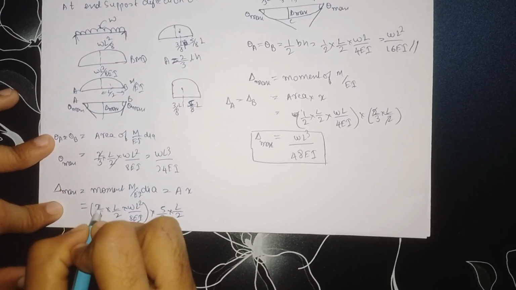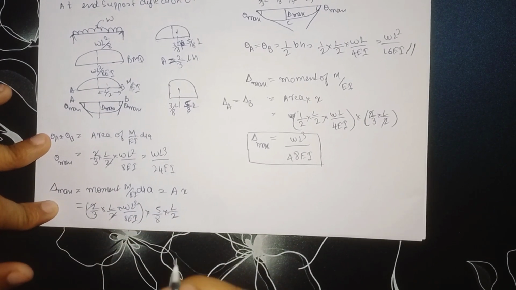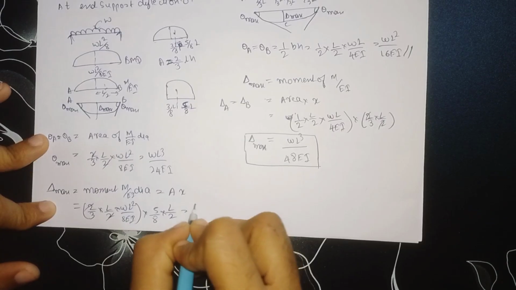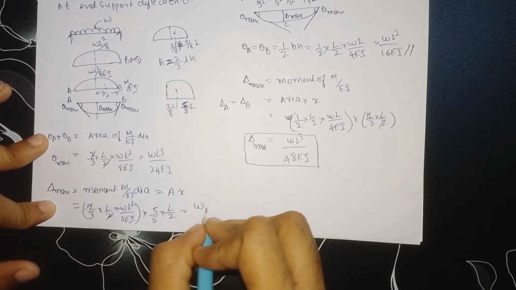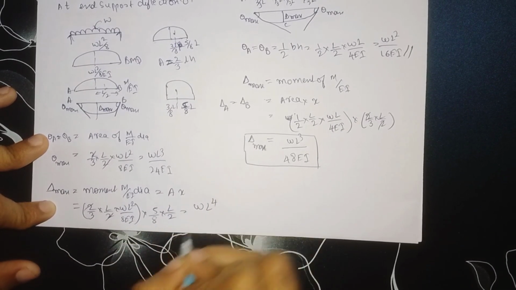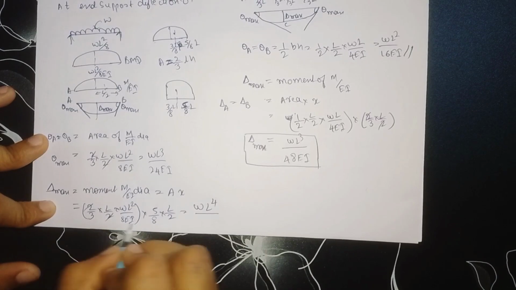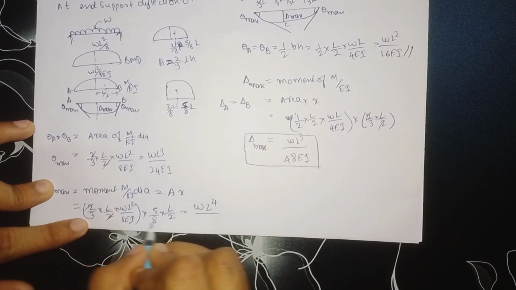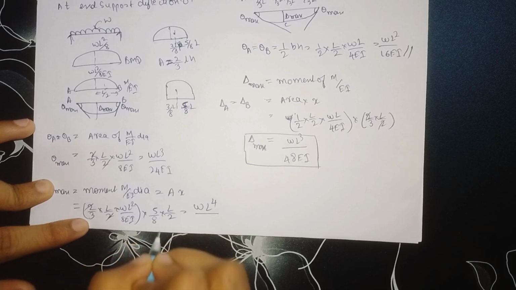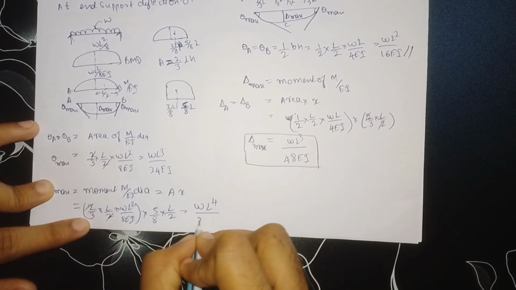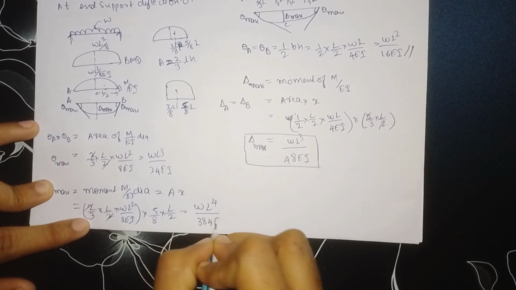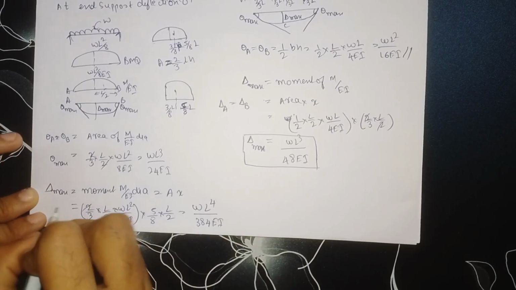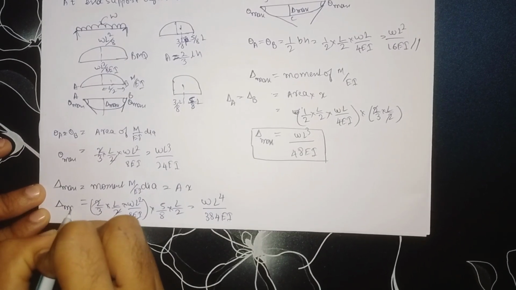Now you can solve it. 2 will get cancelled. Here W into L to the power of 4 divided by 8 times 8, which is 64, and 64 times 6 is 384 EI. So this is the maximum deflection.